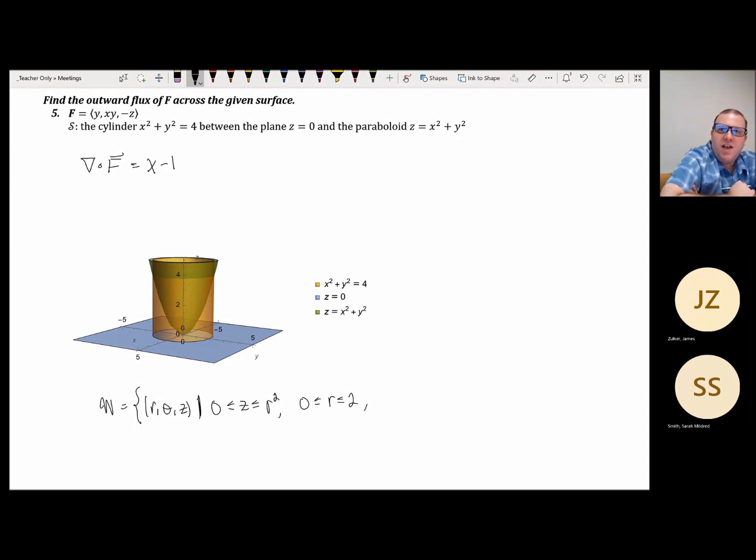Theta, oh, that one's obvious. 0 to 2 pi.